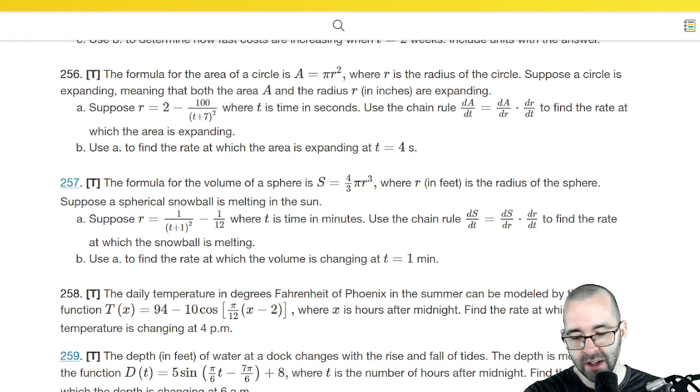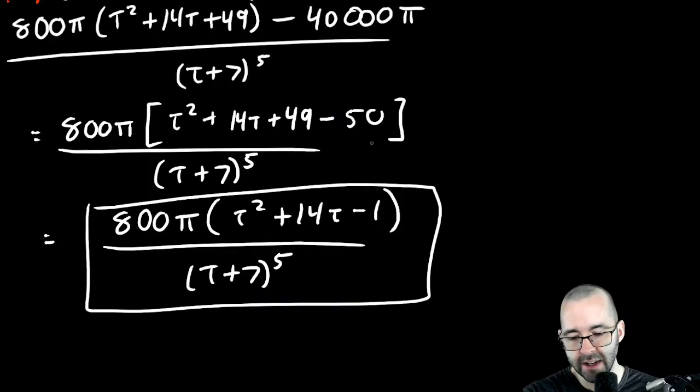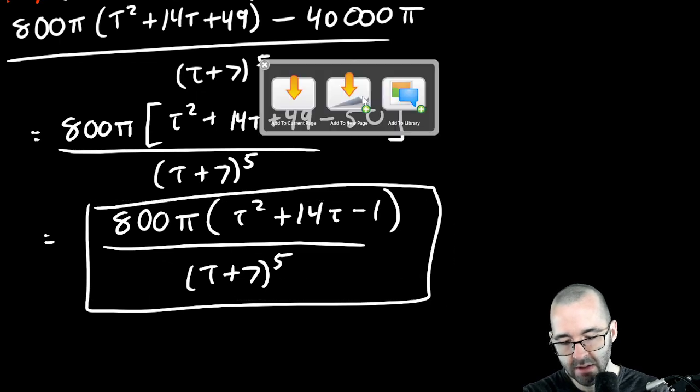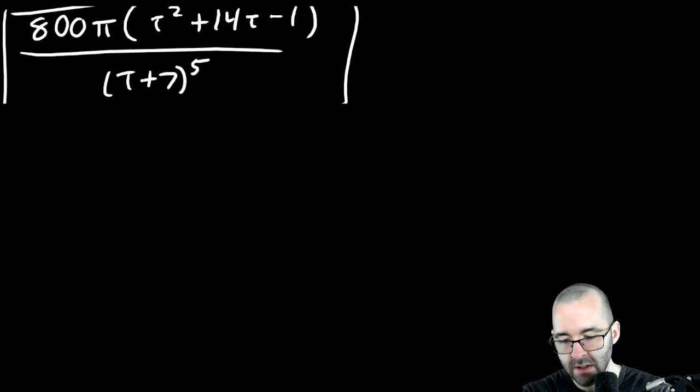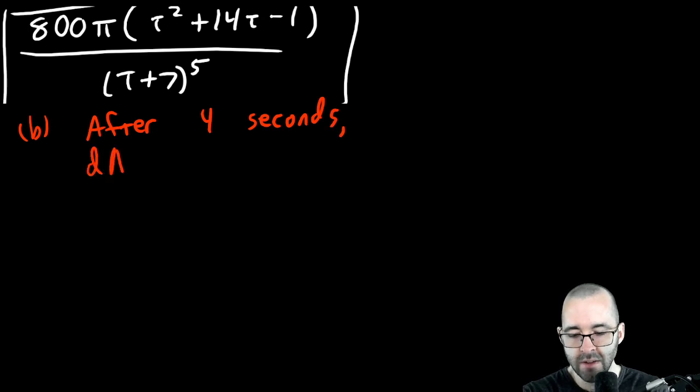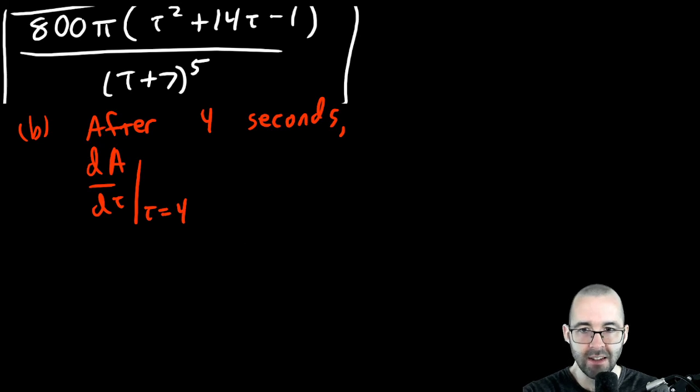That's the rate at which the area is expanding. Find the rate at which the area is expanding after 4 seconds. Again, we're going to use this. So after 4 seconds, the rate of change of the area over time, that's that Leibniz notation again, means evaluated at t equals 4.